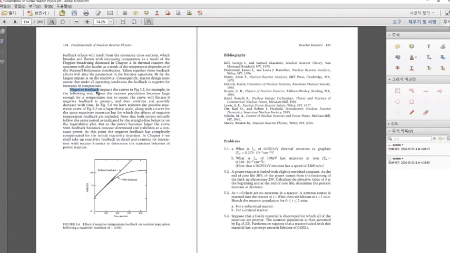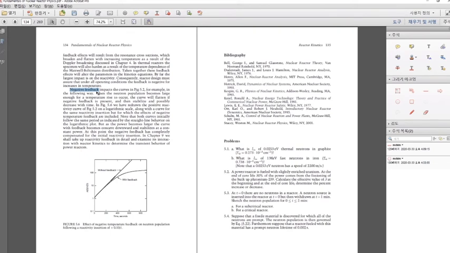So maybe later we are going to quantify this feedback effect with some coefficient, like the fuel temperature coefficient, as it indicates whether the overall feedback effect is positive or negative.